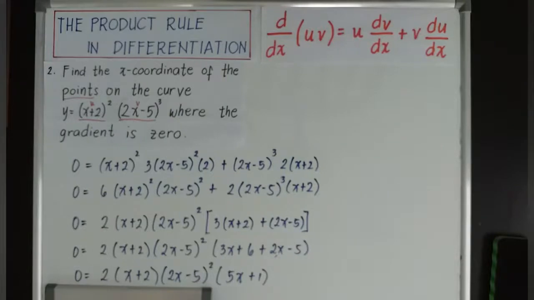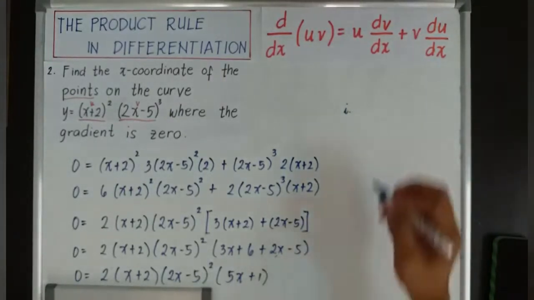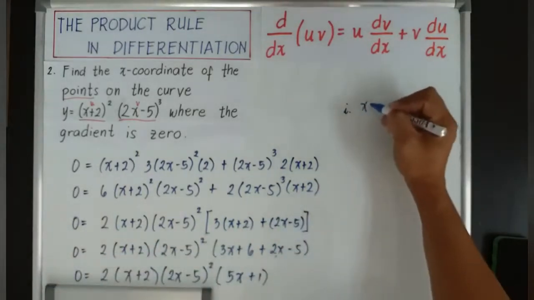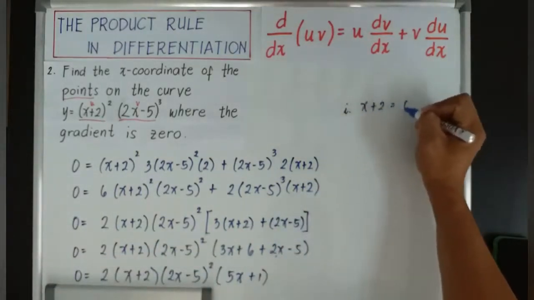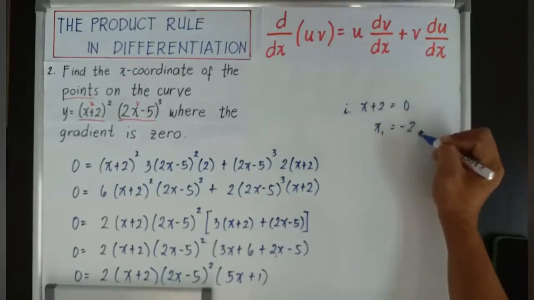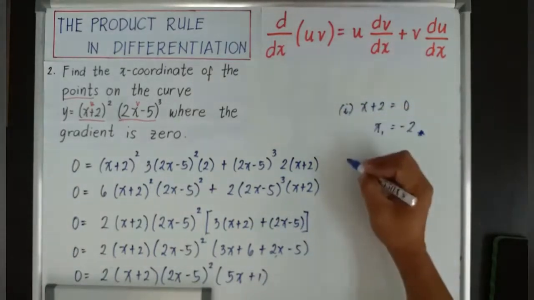Okay, so one of the solutions will be this x plus 2 is equal to 0. So x sub 1 is equal to negative 2. So this is one of the answers. Okay, next, let's go to number 2.